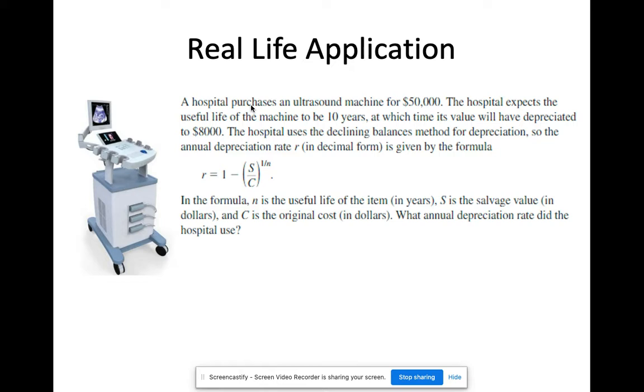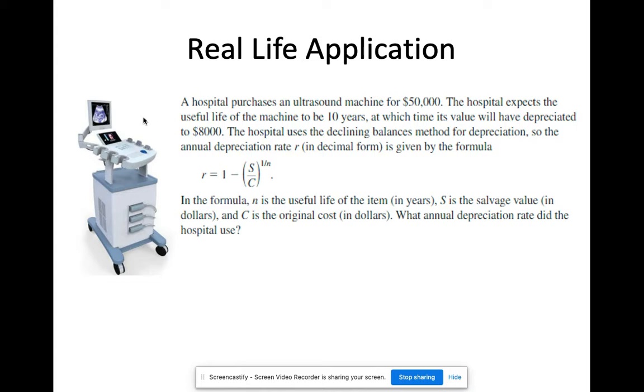So the annual depreciation rate, R, in decimal form is given by the following formula. R equals 1 minus the quantity S over C raised to the 1 over N. So in the formula, N is the useful life of the item in years, S is the salvage value in dollars, and C is the original cost. Question is, what annual depreciation rate did the hospital use?